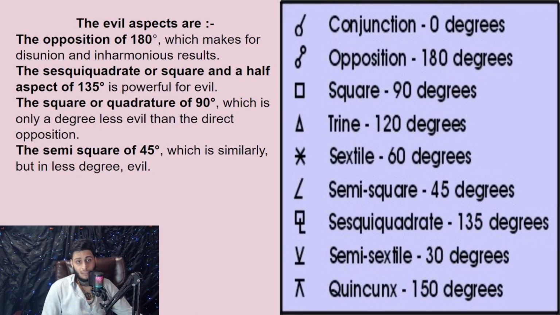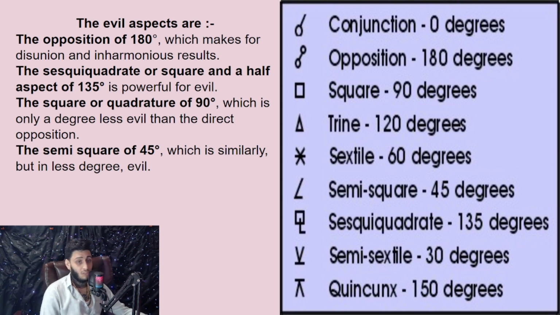The evil aspects are the opposition of 180 degrees, which makes for disunion and inharmonious results. The sesquiquadrate, or square and a half aspect of 135 degrees, is powerful for evil. The square, or the quadrature, of 90 degrees is only a degree less than the direct opposition.